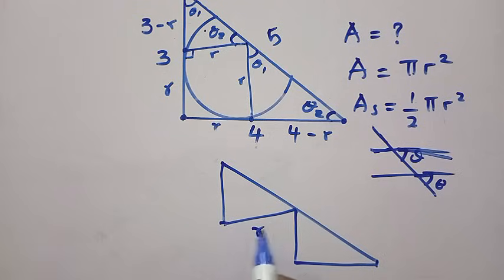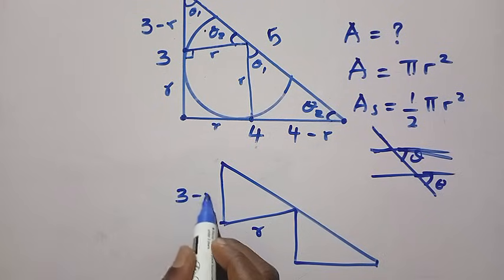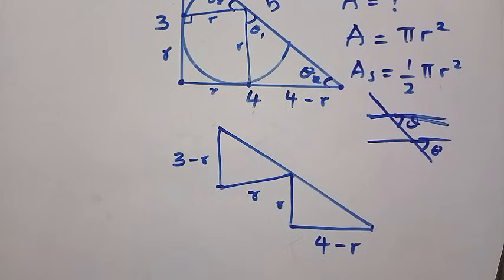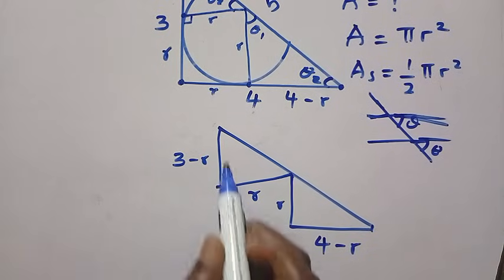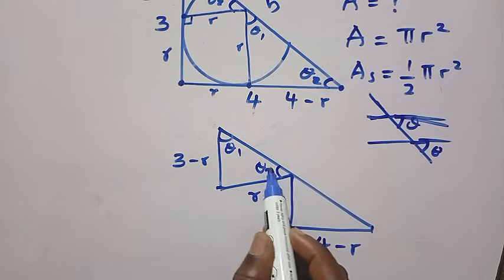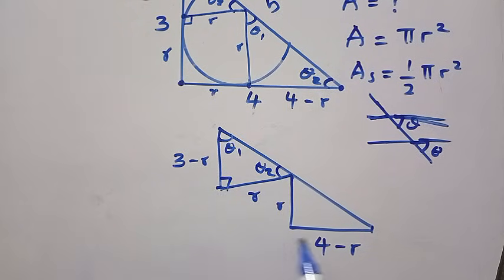So here gives us r. This is 3 minus r. Here is r, and this is 4 minus r. Then we have this as theta 1. This is theta 2. This is a right angle. Also, this is theta 1. This is theta 2.